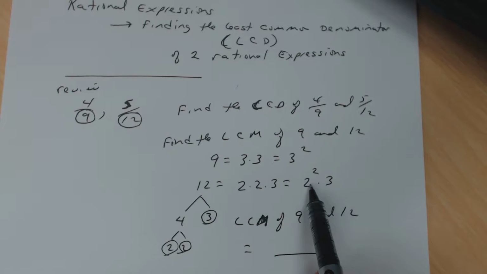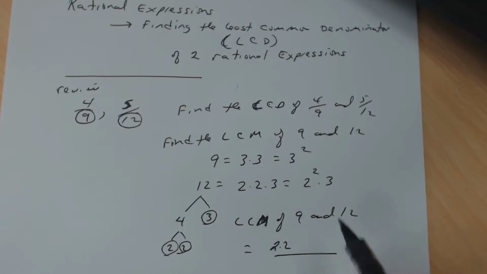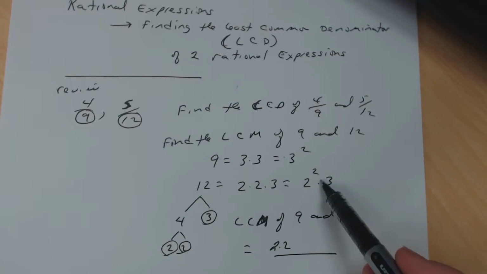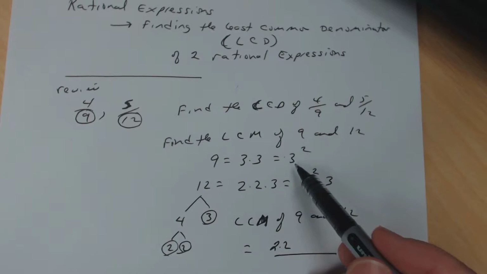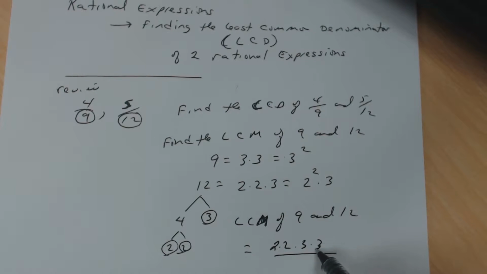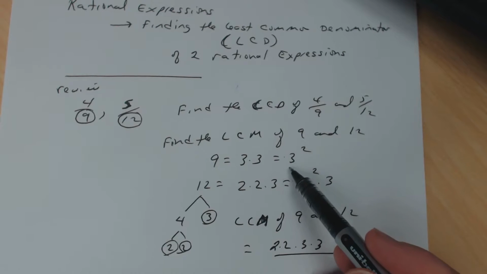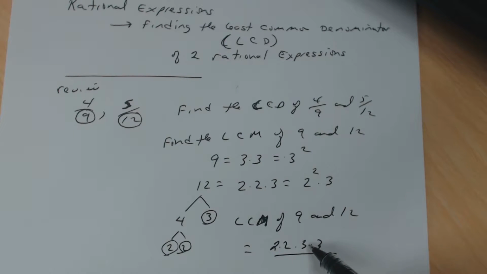There are 2 factors of 2 in 12 and none in 9, so I need 2 factors of 2. You've got to use the largest number of factors. For the factors of 3, I have 1 factor here, 2 factors here. So again, I need 2 of them. You've got to use the one with the largest number of factors. So 3 times 3 is here, so I need 3 times 3. There's only 1 factor of 3 here.